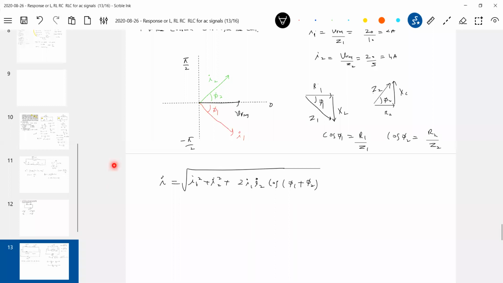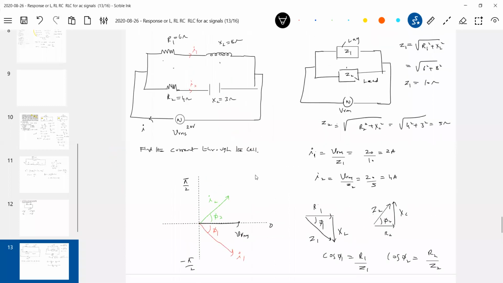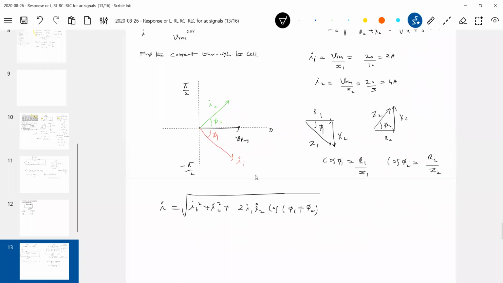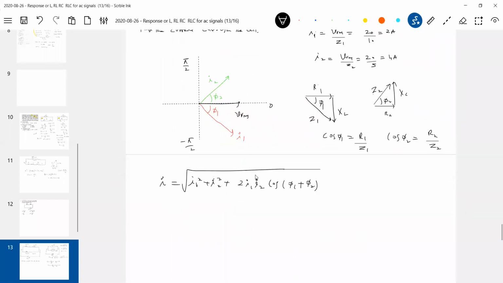Can we calculate how much the phase angle of the circuit is? If somebody asks, you should calculate the angle made by the current. The resultant current may be here; I'm making a guess.